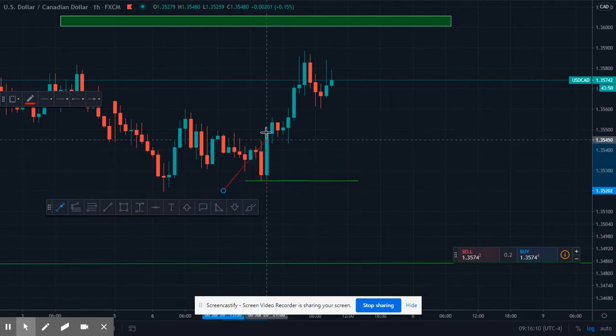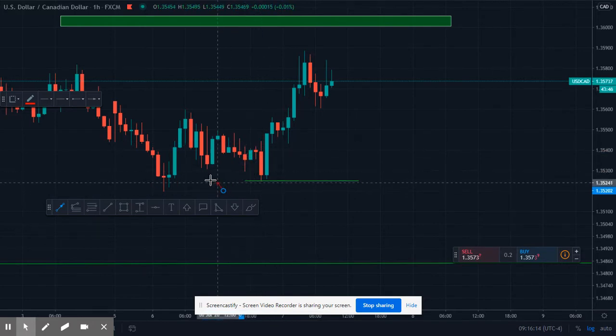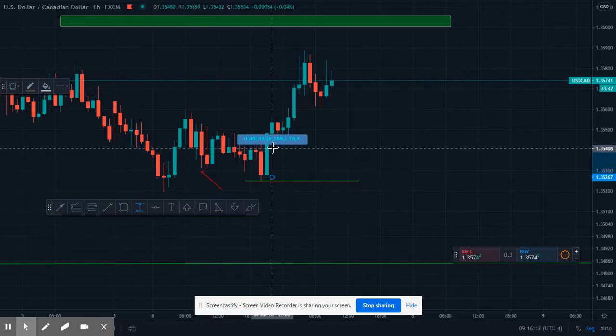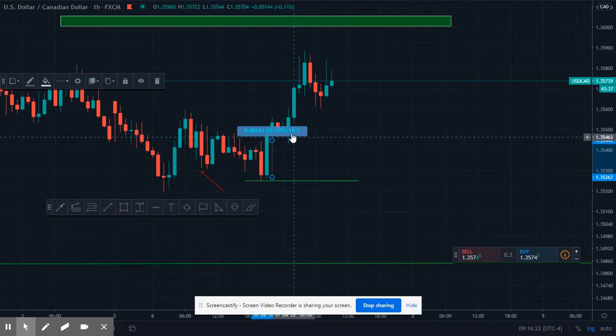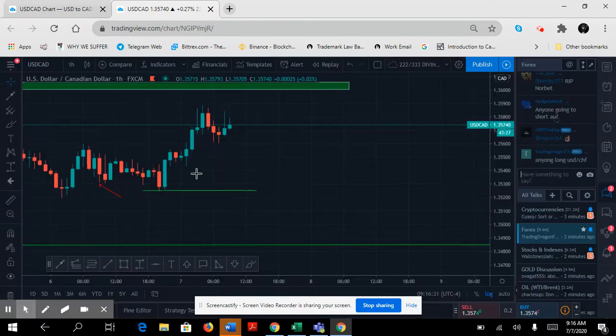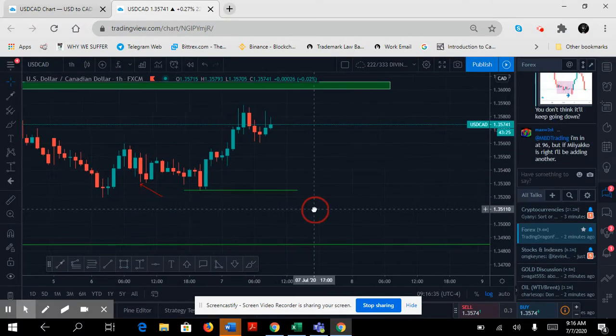So we want this green bar to eliminate this red bar. The problem is, look how many pips we're sacrificing to wait for this play right here. So 18 pips. We're basically giving up 18 pips to wait for this thing to eliminate this red bar. Well, that's not ideal.